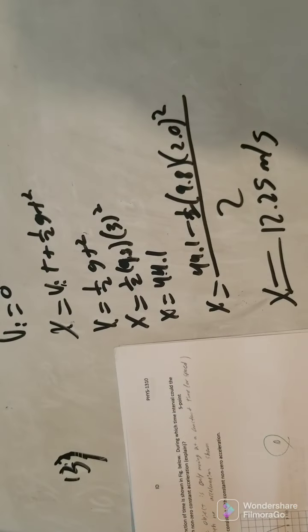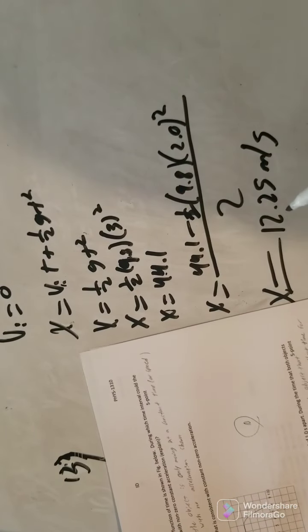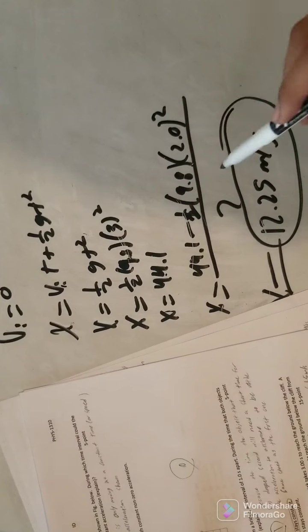So that is our velocity at which the second rock was thrown to get to 2 seconds right here. So our final answer is 12.25.